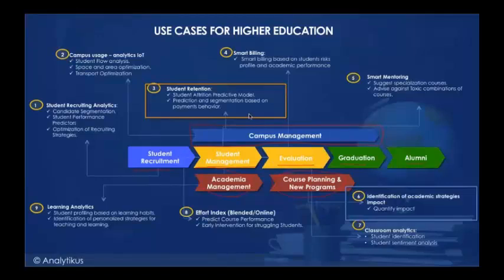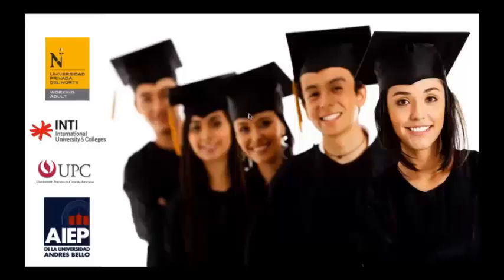Now we're going to talk about one particular use case, and I want to give you an example. Just think for a second. This is the first day of school. But today you're not a student, you're the dean, and you're going to give a welcome speech to the students. You know for a fact, because this is pure statistics, that 4 out of 10 students are never going to finish.